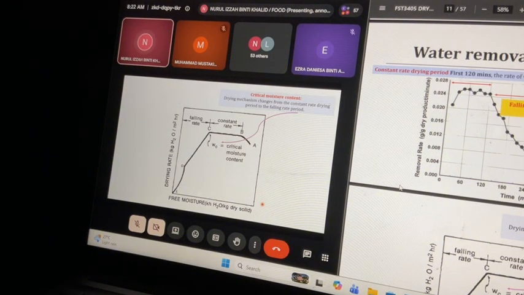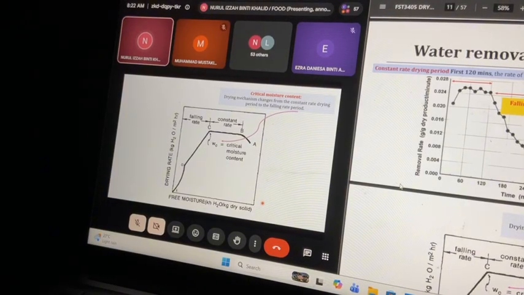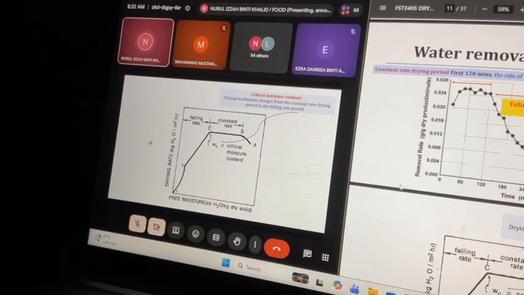This one also explains the behavior of the removal of water, but this is the graph of drying rate against moisture content. Here is the initial rate, the constant rate, the critical moisture content, and the falling rate. You can see what happens during the drying.